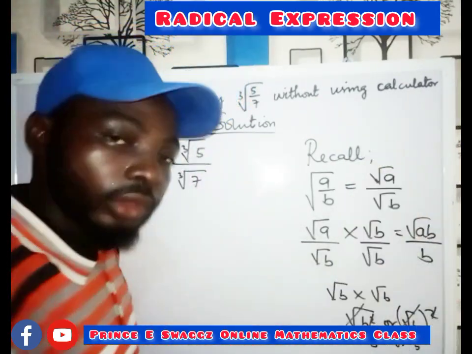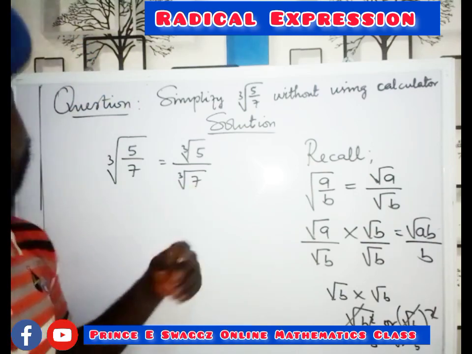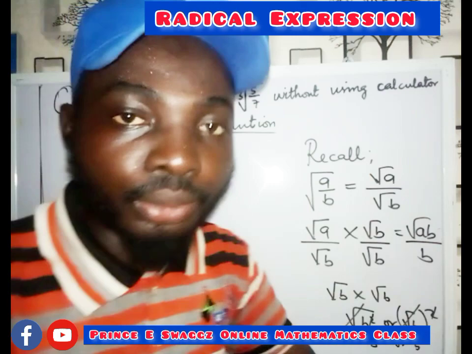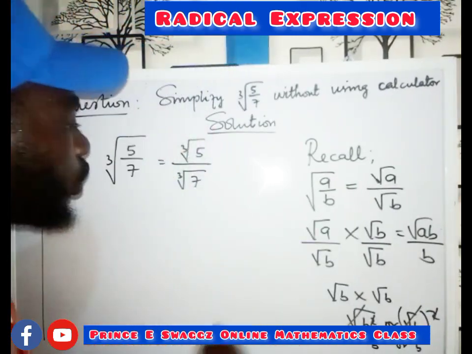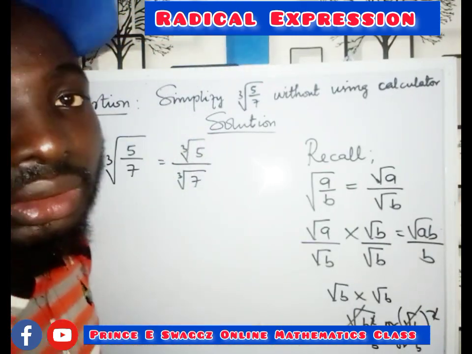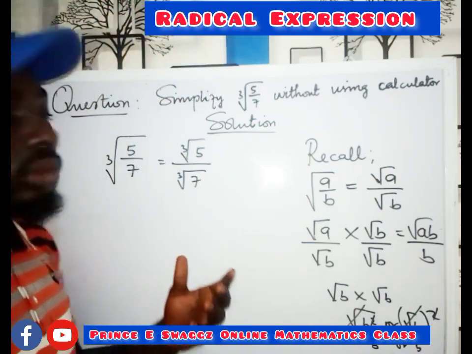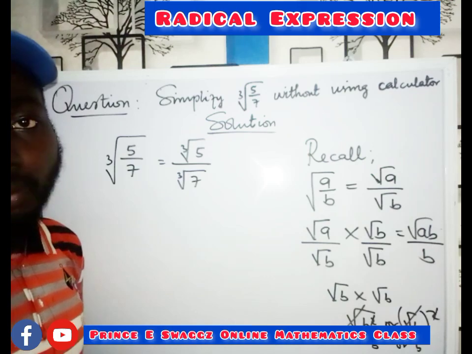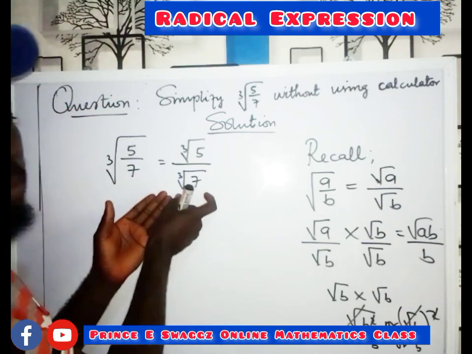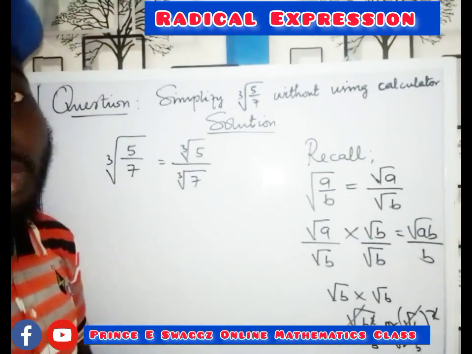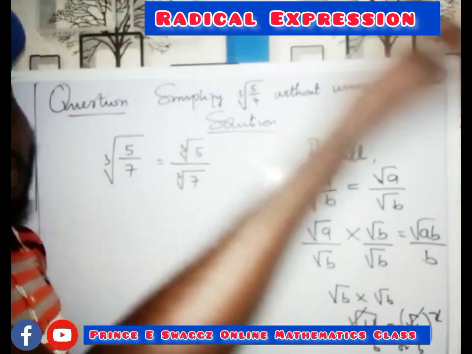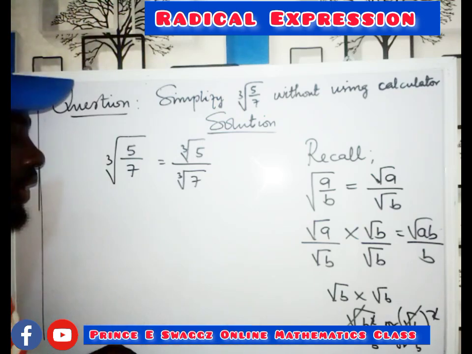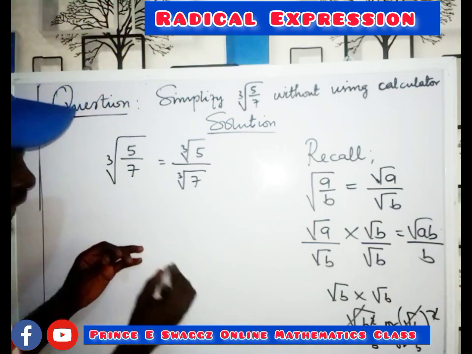But here, what we have is a cube root. And we said that what can cancel a cube root is a cube. So that means we need to look for that number that we will multiply 3 times that will terminate the root. If you multiply the same number 3 times, then the cube root will terminate. Now, let's test this.